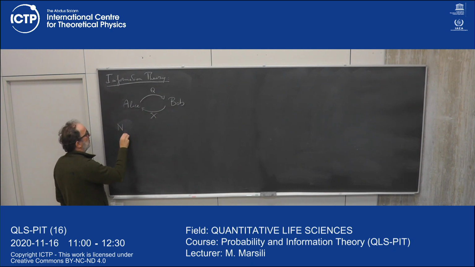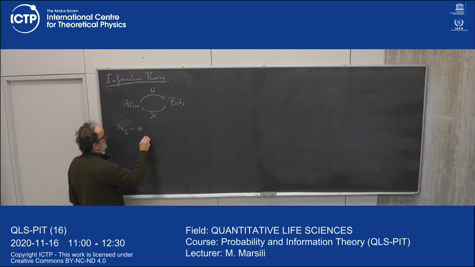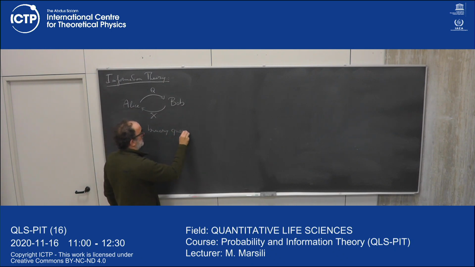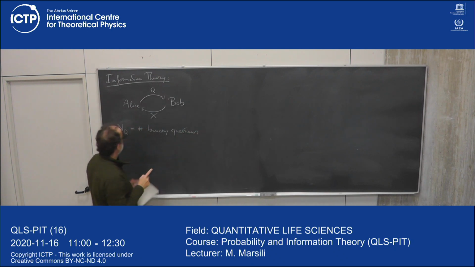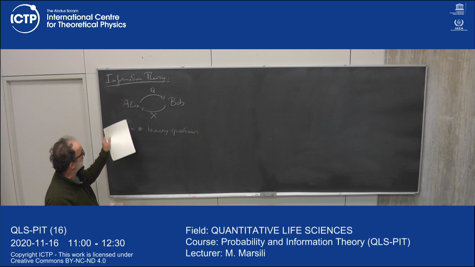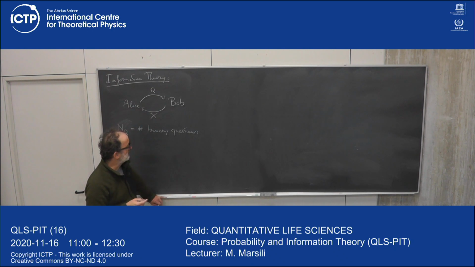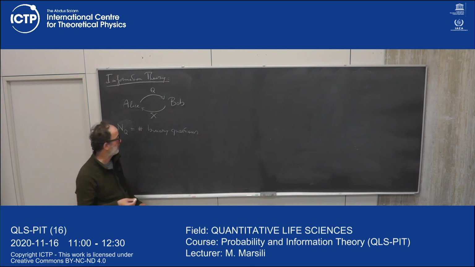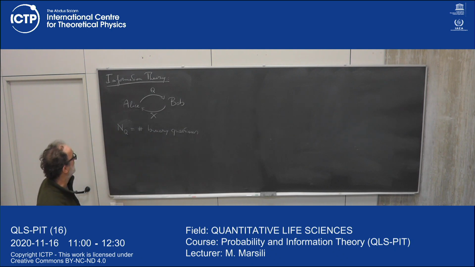You can ask how many binary questions Alice needs to ask Bob in order to find out the value of x. By binary questions I mean questions which have a yes or no answer, that can have just two values: yes or no, 0, 1, or whatever.